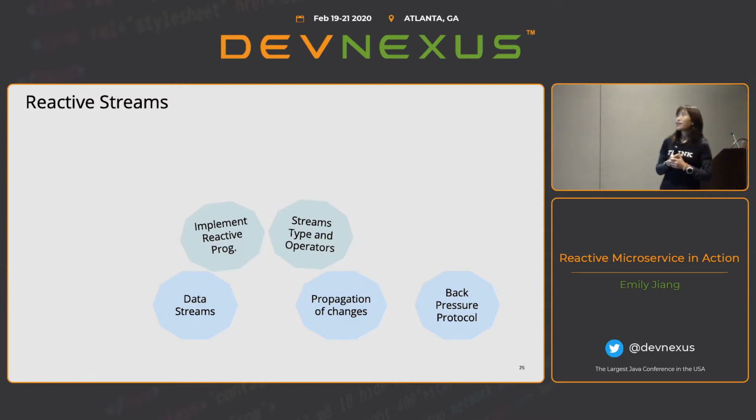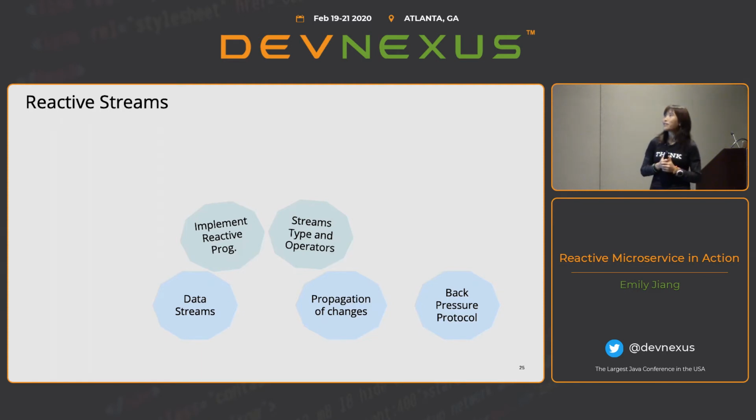So that evolved into org.reactivestreams. Do you use org.reactivestreams? Anybody? Okay, not many. It has four interfaces: a Publisher, a Subscriber, a Subscription, and a Processor. Just four interfaces, very simple. It also factors in the back pressure protocol.